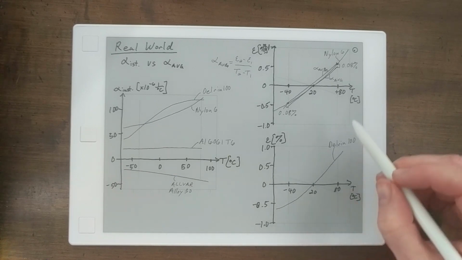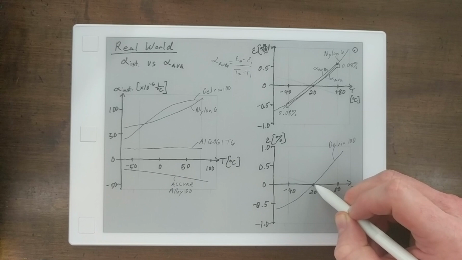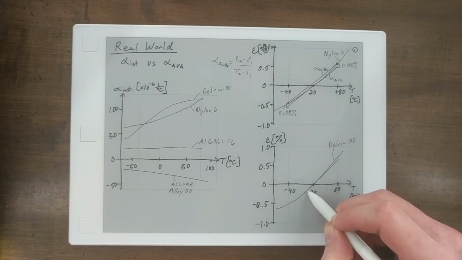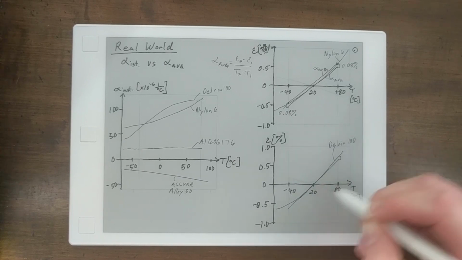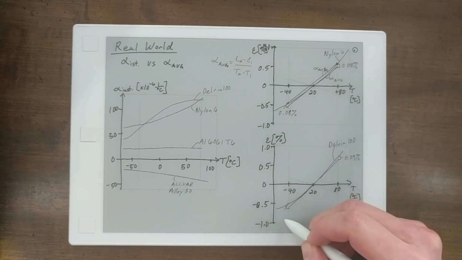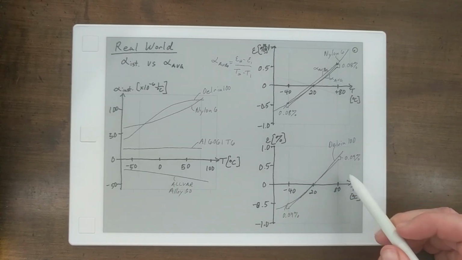And if you take the average CTE from room temperature and extrapolate it up and extrapolate it down, you'll see a similar discrepancy. And this is 0.09%, so it's close to what you would see in the nylon, maybe a little bit worse.